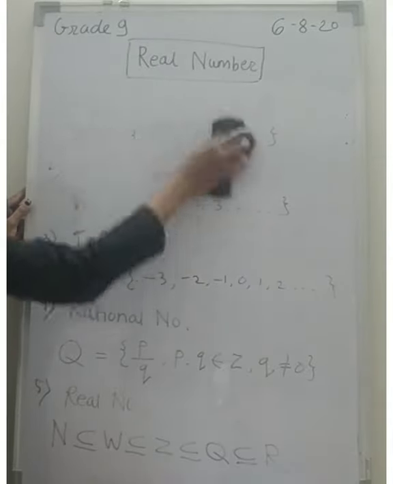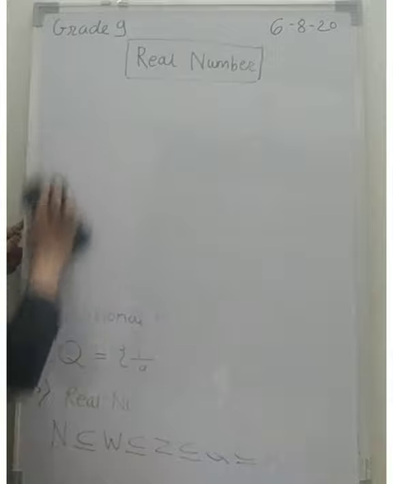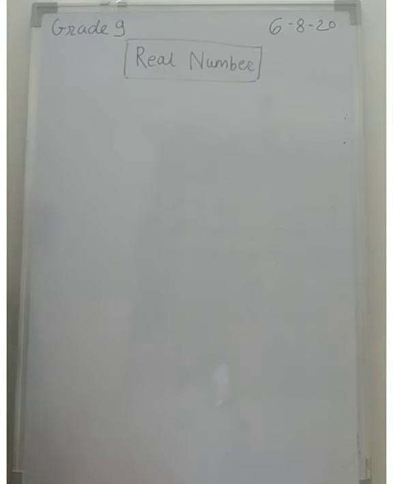Now we are going to see some properties of the rational numbers. Okay, so a rational number is any number that can be represented as m upon n.